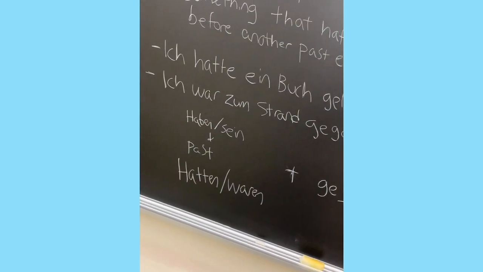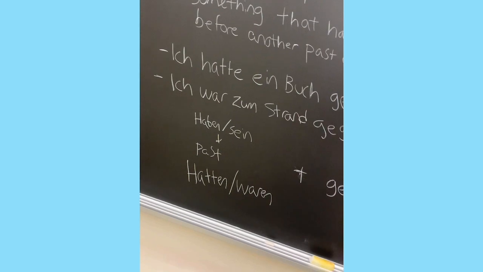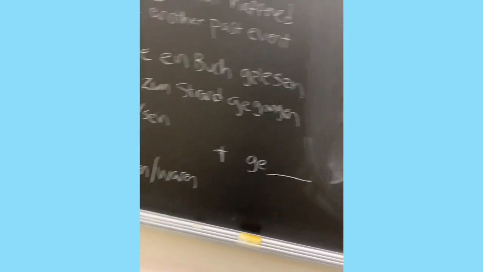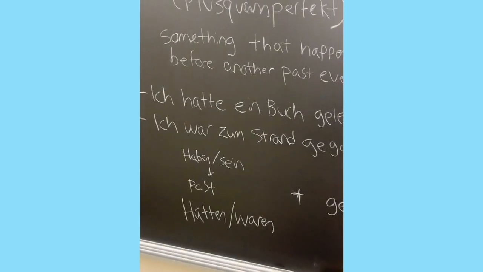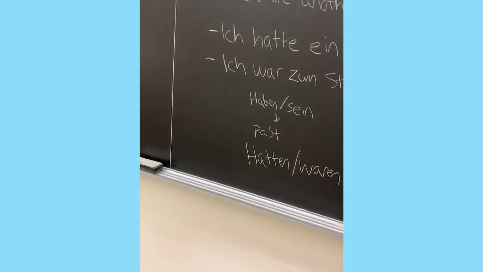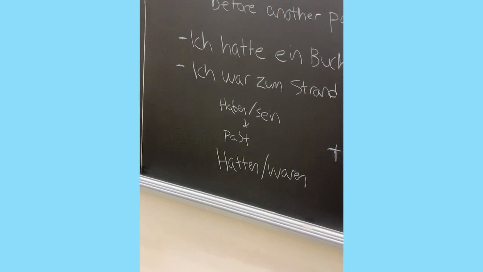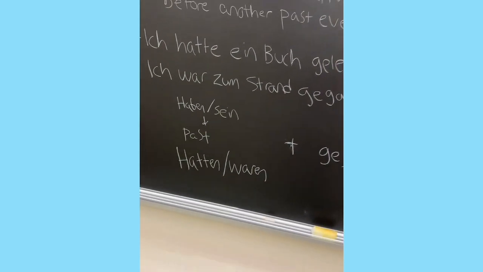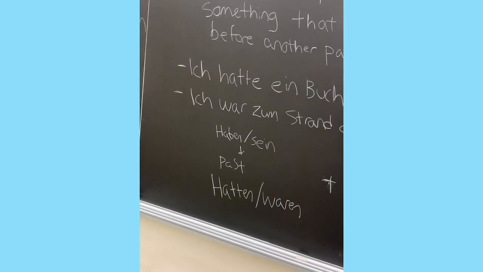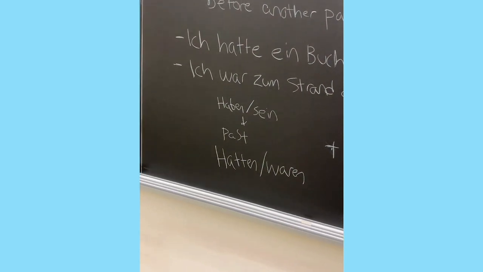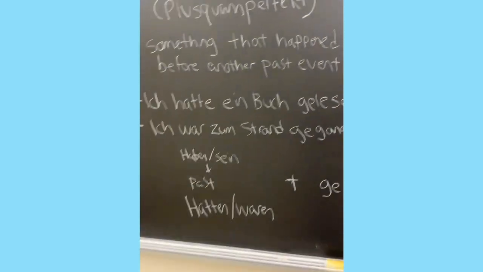So our examples, ich hatte ein Buch gelesen. Und ich war zum Strand gegangen. And that is I had read a book and I had gone to the beach. It's pretty much the same.